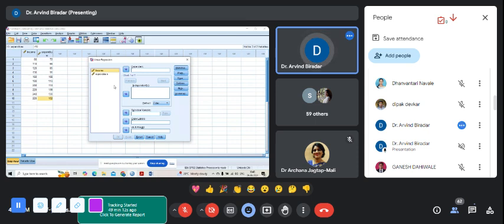So what is our dependent variable? Expenditure. Income is independent.